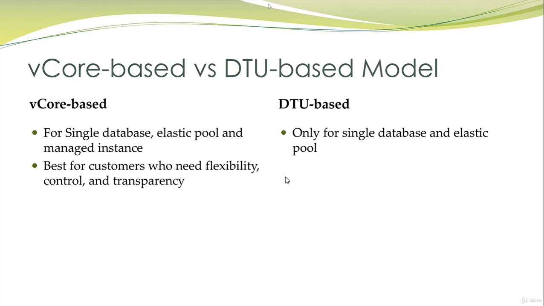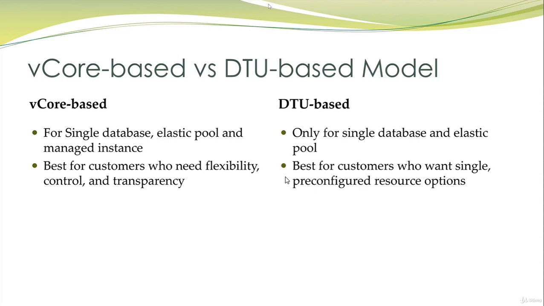The vCore-based model is best for customers who need flexibility, control, and transparency. As you saw in this model, you have the flexibility to adjust individual resources such as CPU, memory, and storage. The DTU-based model is best for customers who want simple and pre-configured resource options.